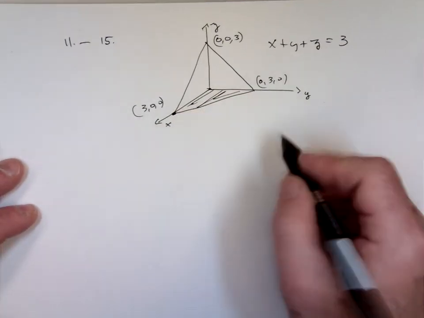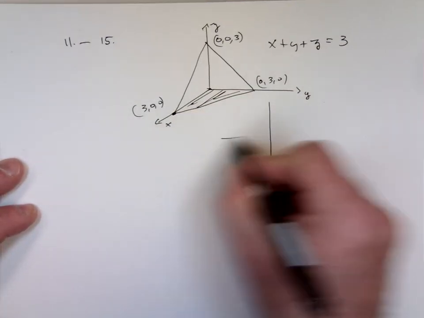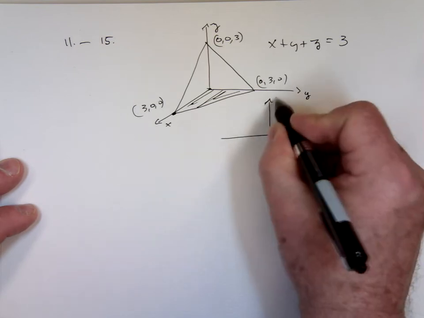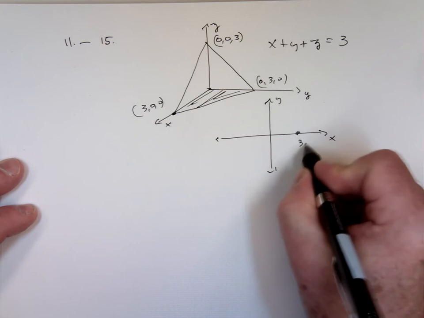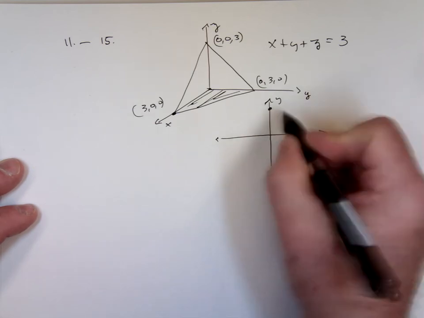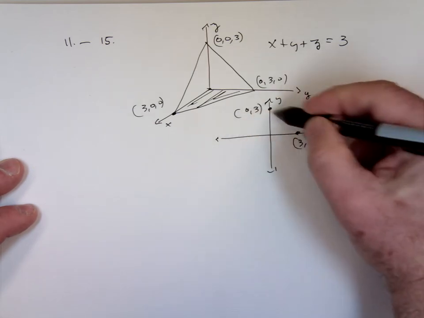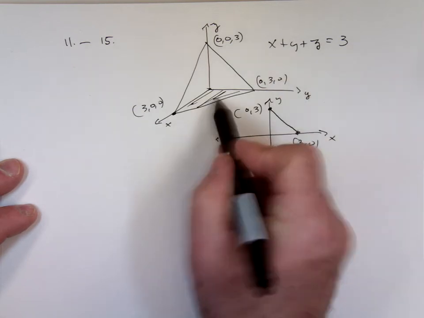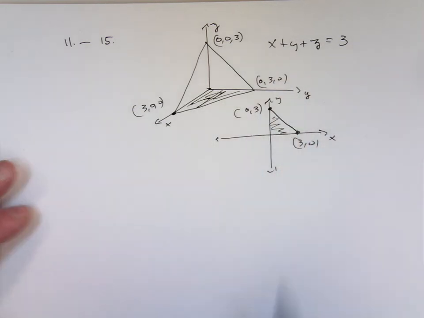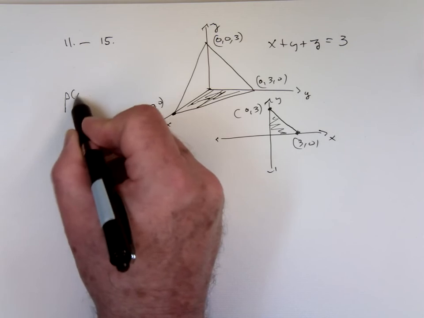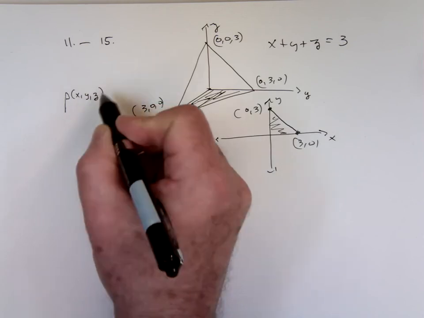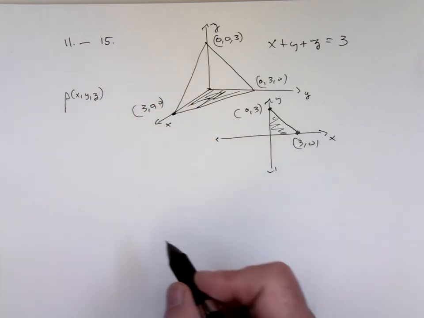That region in the xy plane has an x-intercept of 3 and a y-intercept of 3. That gives us this line. This is this triangular region here. Okay? So, we got a density function equal to z. And z is pretty dense, so, no, never mind.